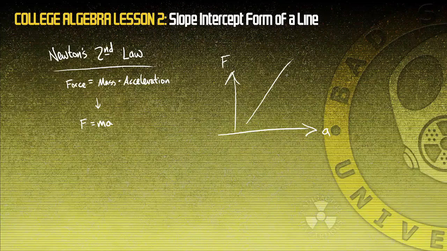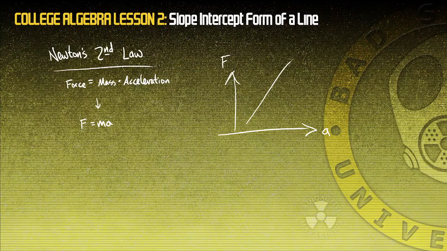And one important thing to note is that because there's no plus b value here, that tells you that if you have 0 acceleration, you have 0 force being applied to an object, because the y-intercept is 0.